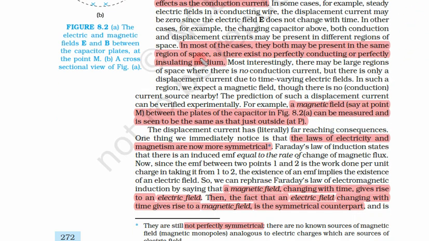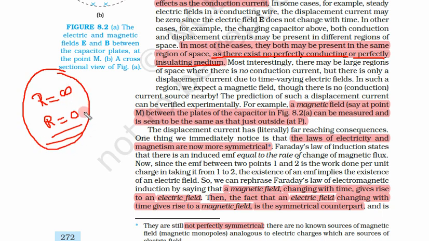Why? Because there exists no perfectly conducting or perfectly insulating medium. We know there is nothing with R equal to infinity, and nothing with R equal to 0. There is no perfectly conducting thing and no perfectly insulating thing.